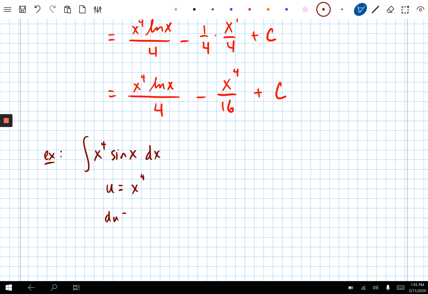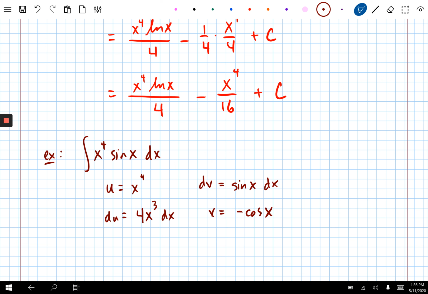Then du would be 4x to the third dx. And then dv is going to be sine of x dx, so that's going to make v equal to negative cosine of x.